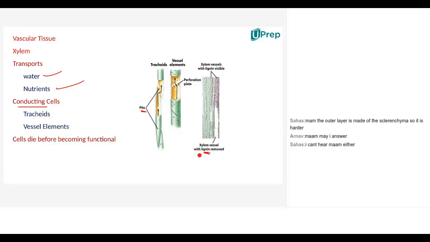No. Lignin is the material you will find around the cells that blocks all permeability into the cell. So in between the lignin cell wall material, you will have gaps so that there will be free flow of water and nutrients. So between the lignin, there are the pits, right?